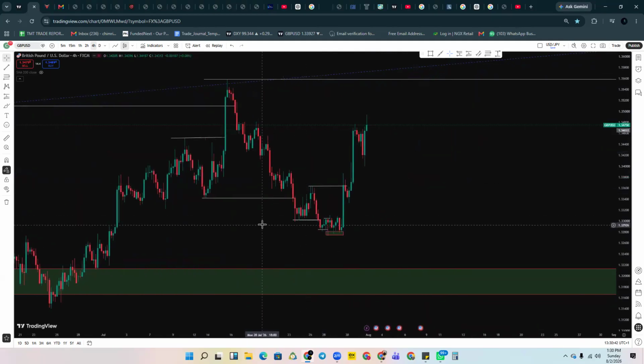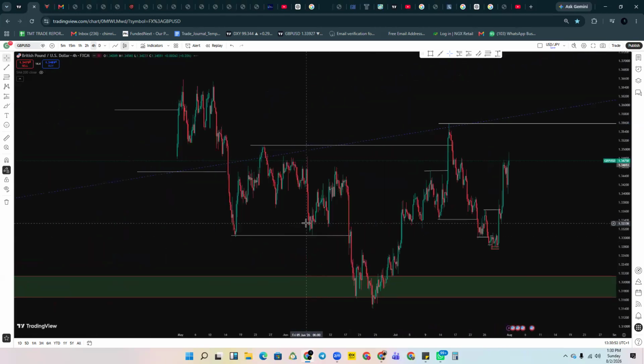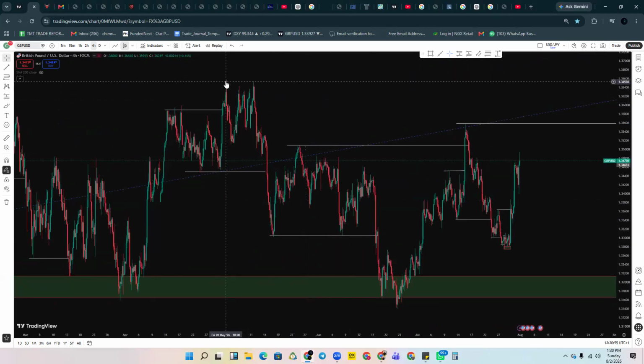So like I said earlier on, either we're having a pullback for price to continue as a bearish trend, because we had a high, a low, we had a high, and this was the last low where price rejected, and we see that that rejection caused a change of character here.